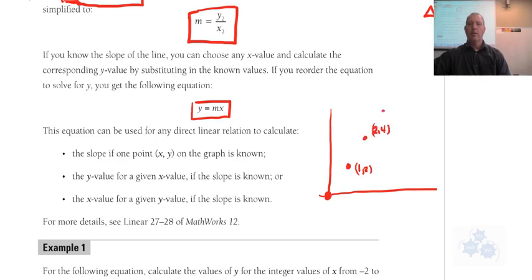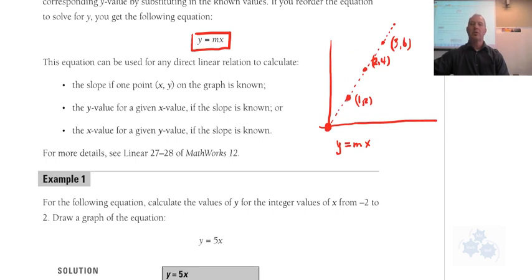And let's go 3, 6. So these points should form a straight line. If I were to draw a line through these points, it's a linear relation, and it's direct because it goes through 0, 0.